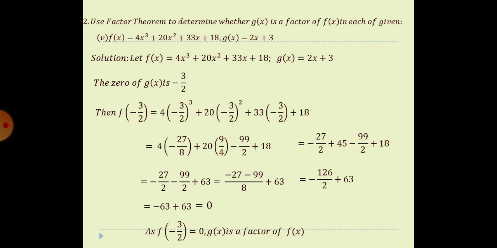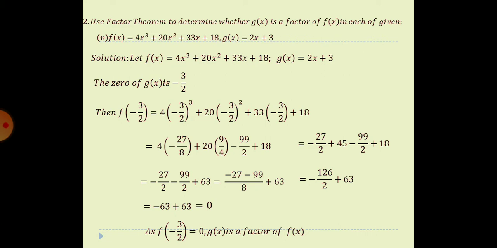Now coming to the next term. Minus 3 by 2 whole square is 9 by 4. 20 into 9 by 4. 20 comes in the 4 table, so we cancel: 4 fives are 20. 5 into 9 is 45. The third term is plus into minus, minus: 33 into 3 is 99 by 2, plus 18.